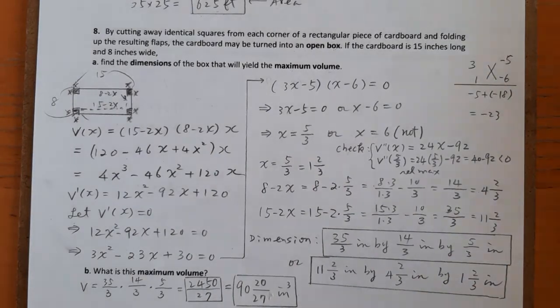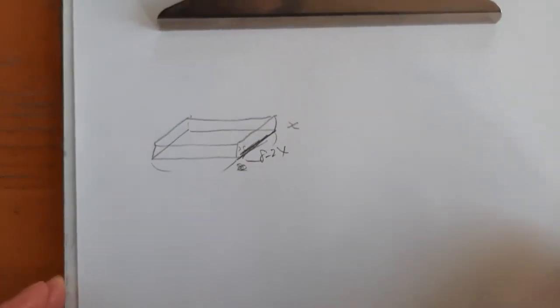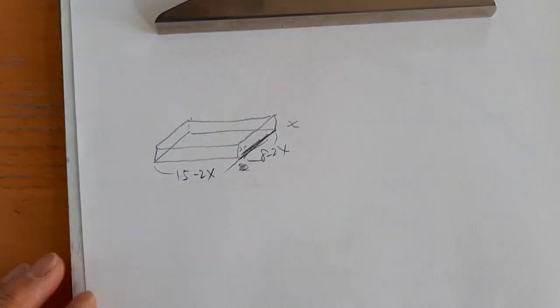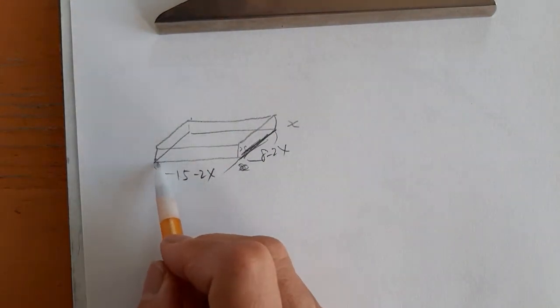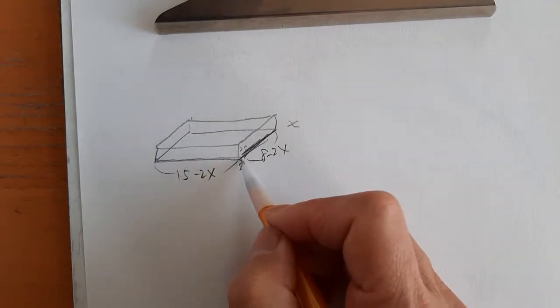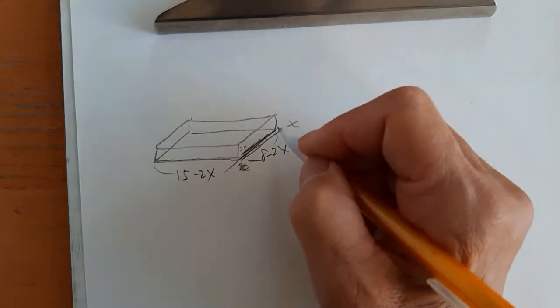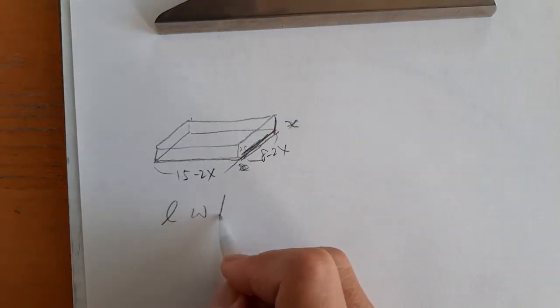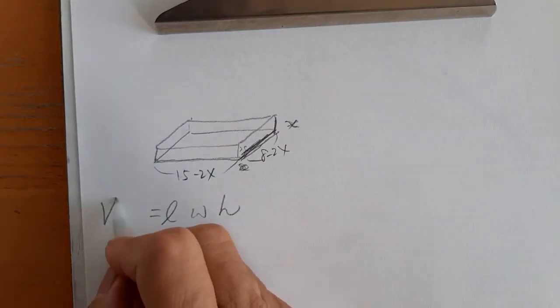So you fold up, and this side should be 15 minus 2x. So this box, the length is 15 minus 2x. The width is 8 minus 2x. The height is x. And length times width times height is the volume, V.